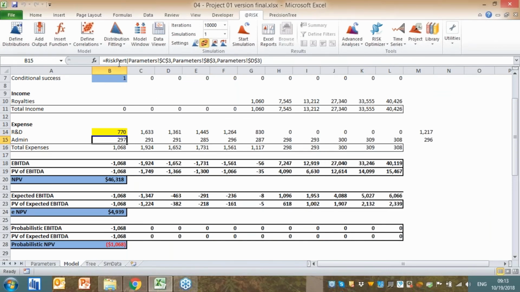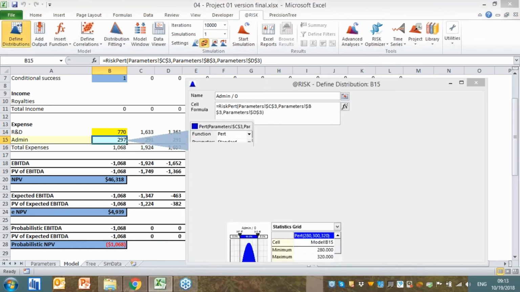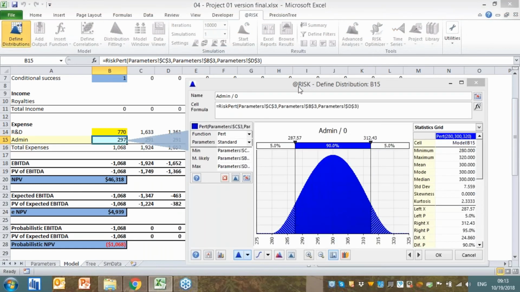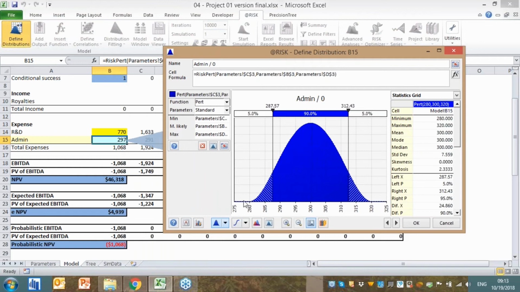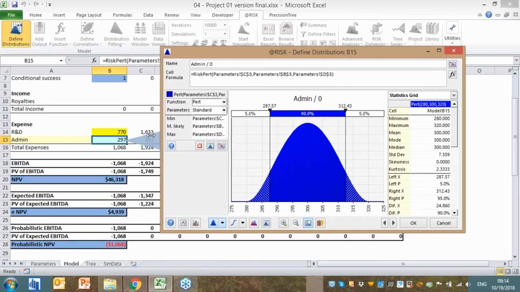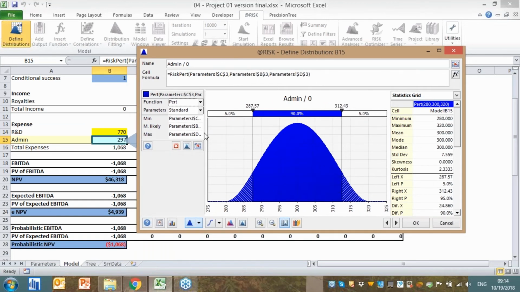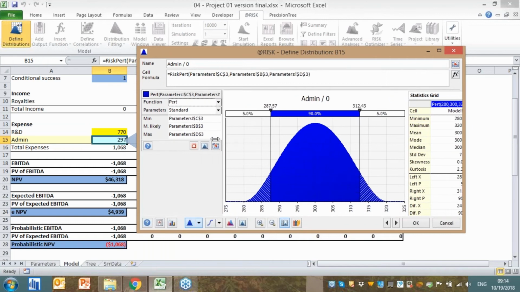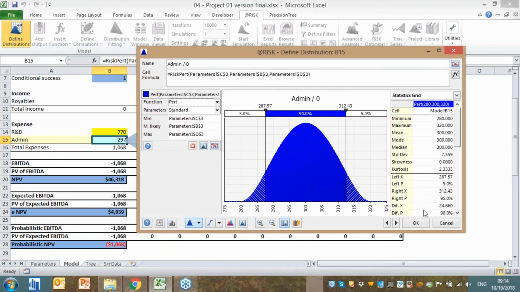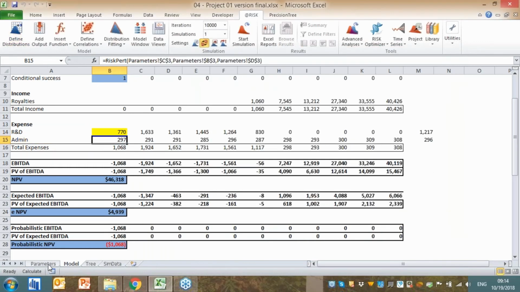For example, as you can see here, PERT is another distribution function which allows you to define a certain distribution with a certain minimum, a certain maximum, and a certain most likely or modal value in the center. Those three parameters have already been previously defined as references to cells B, C, and D3 on parameters.